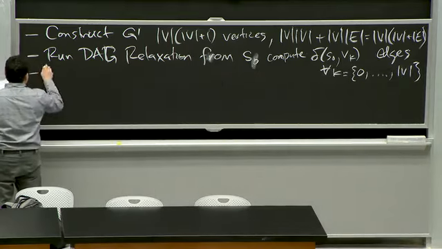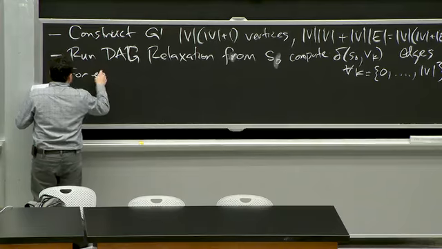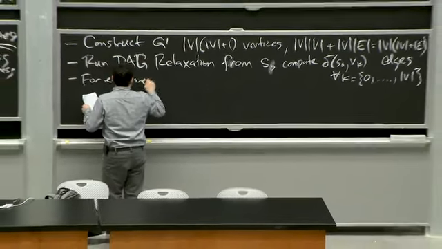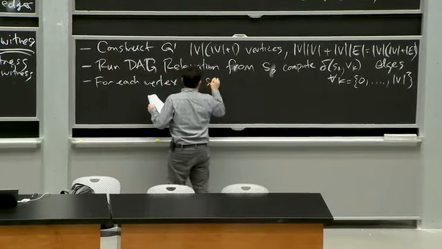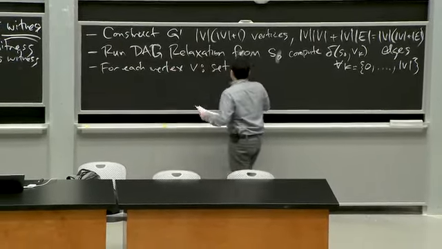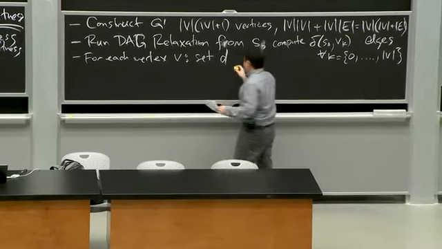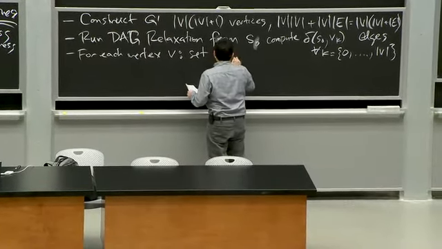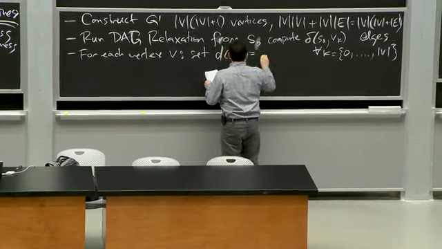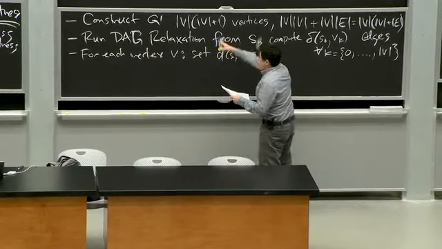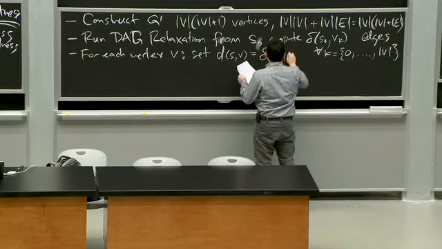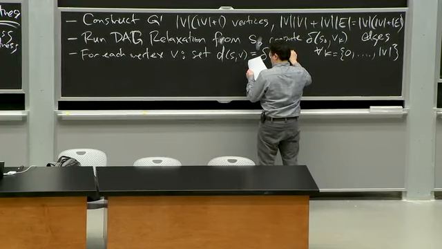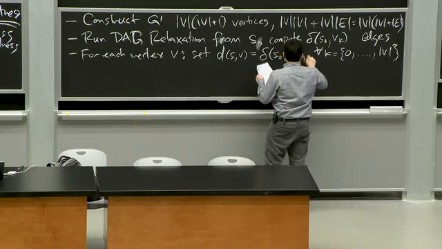Then, for each vertex V, set the thing I'm going to return, D value, S to V, equal to the shortest path distance I got from DAG relaxation to a particular vertex, V minus 1.